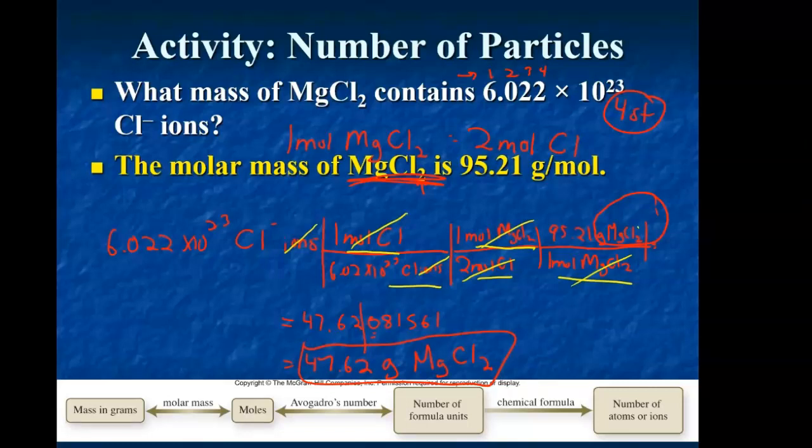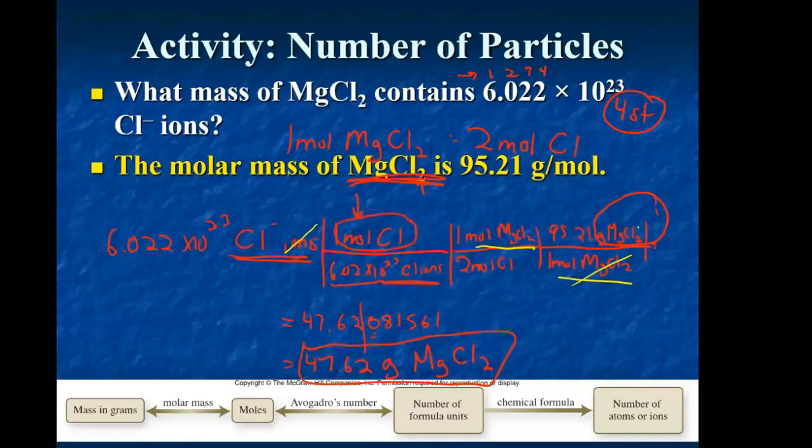Great question. It is completely determined by your units. So for example, in this case, Cl ions had to go on the bottom because we needed to get rid of them. The only option, remember, when you use this number of 6.02 times 10 to the 23rd, the only option you have for the other side is 1 mole. Right? So since we had 6.02 times 10 to the 23rd ions here, we had to put 1 mole on top.